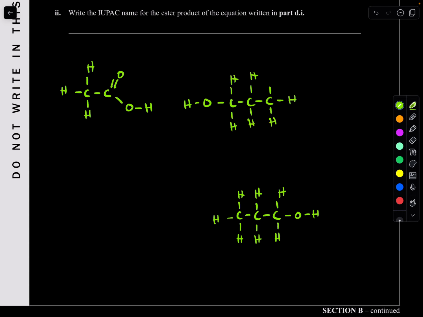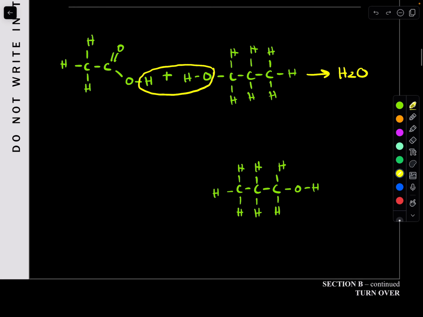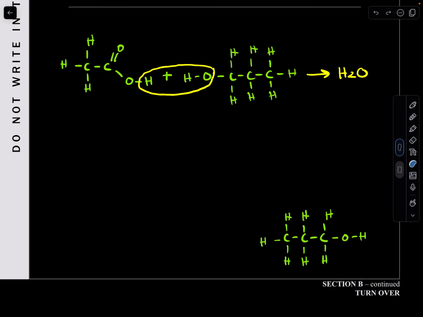If we add these two, they will react and produce water. This here will give us water when we do an esterification reaction. Both the carboxylic acid and the alcohol will react and produce water, because this part will be taken out and a bond will be formed.